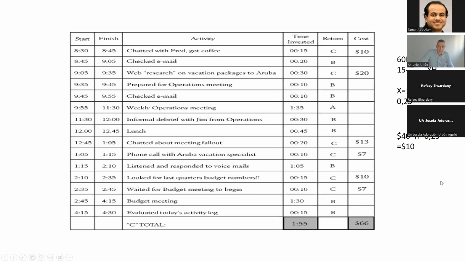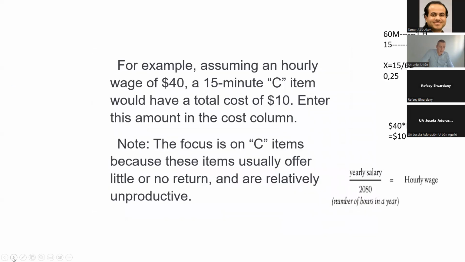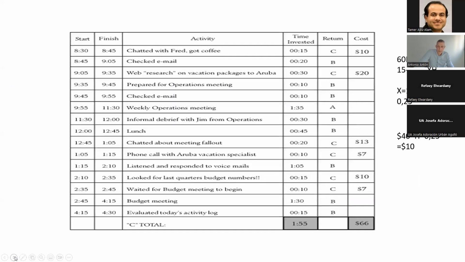And 25% I need to multiply by the hourly salary, that is 40, and that gives 10 euros, whatever it is, okay? I suppose the hourly wage is 40. So by knowing the hourly wage, I can calculate the rest of them.